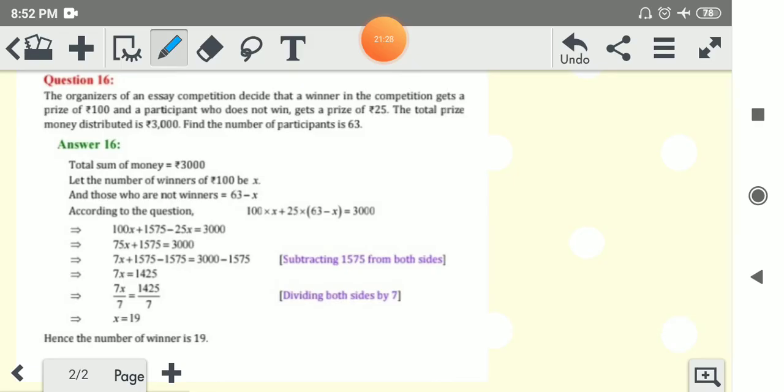Now question number 16 is this. In this question the total sum of money is 3000.